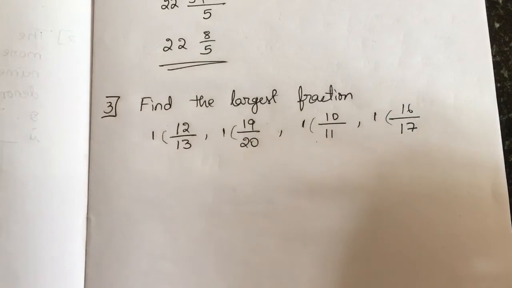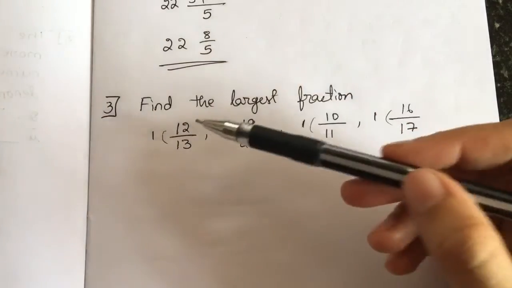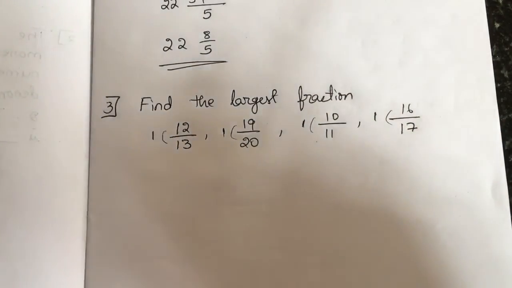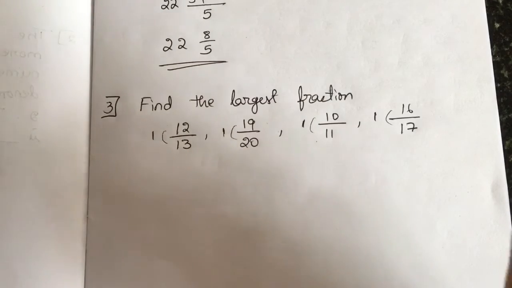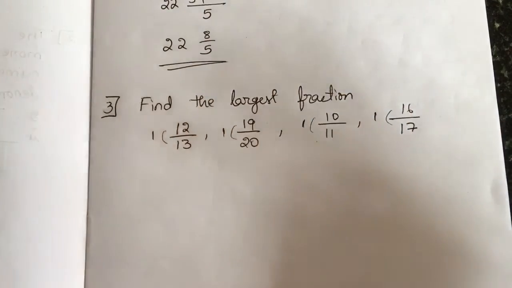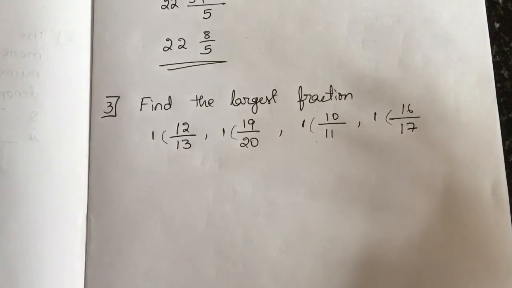So when you have a set of fractions where the difference between the numerator and the denominator is the same, in that case a fraction with small numbers is the smallest fraction, and a fraction with large numbers will be the largest fraction.